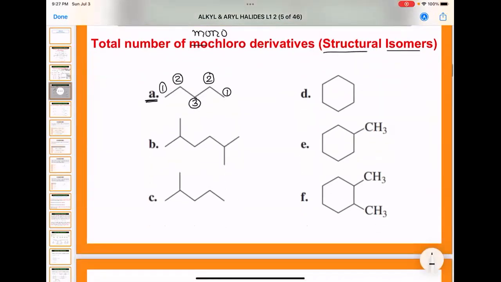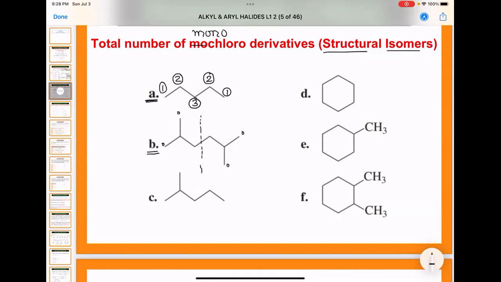What about B? How many monochloro derivatives are you going to get if you attach 1 chlorine? What are the possible structures? You don't need to look at each and every carbon. You need to look at the symmetry. Yeah, you are very close to the answer. I think 3 only. You are correct. Let me check. So this point and this point are the same, and in the same way this point and this point, because this is symmetrical.